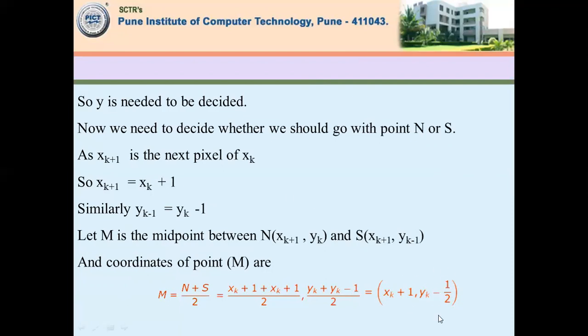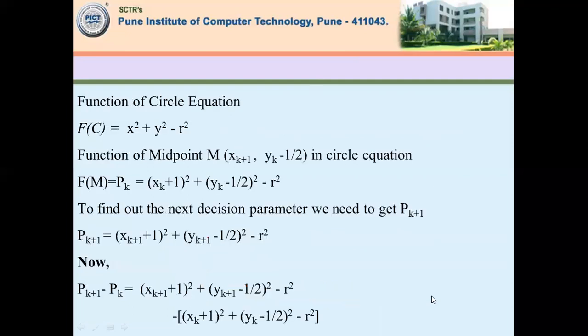So this is the point we got: it's 2xk plus 2 divided by 2, which gives you xk plus 1 itself. And here it is 2yk minus 1 divided by 2, so here it is yk minus half directly. We are going to use this particular point for calculation.